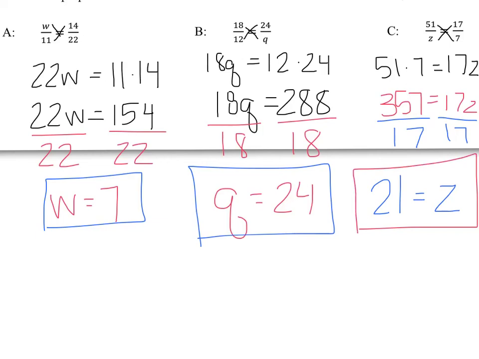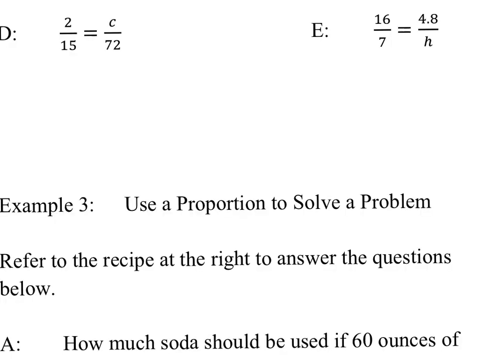Okay, let's go ahead and move on to D. So for D, we cross multiply. We get 2 times 72 equals 15 times C, which is 15C. 2 times 72 is 144 equals 15C.